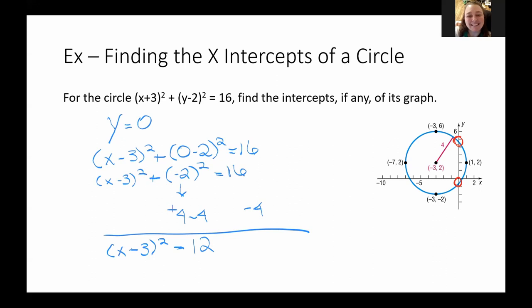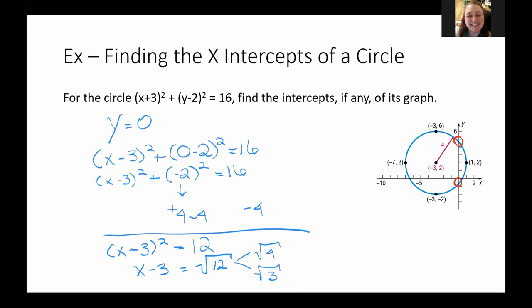So the next thing we're going to do is get rid of that square. So we're going to take the square root. So it's going to give us x - 3 equals the square root of 12. Okay. Now the square root of 12 is actually the square root of 4 times the square root of 3, right?